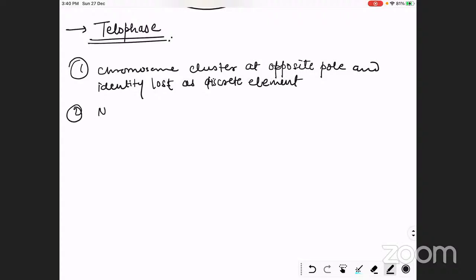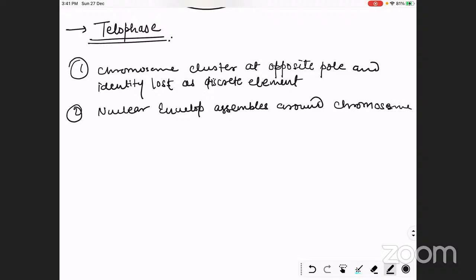Second thing, the nuclear envelope assembles around the chromosome. Our aim was to separate the chromosome, to duplicate the chromosome, and that aim is completed. Now we have to come back to the initial position, where the cell has the nucleus and all the things.